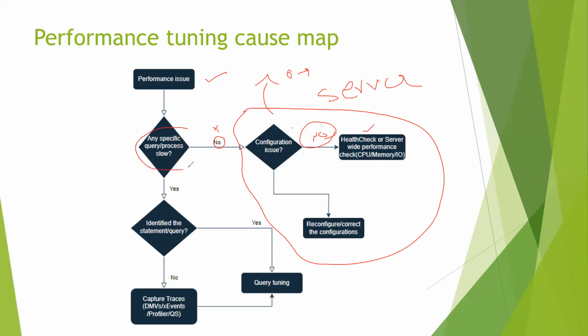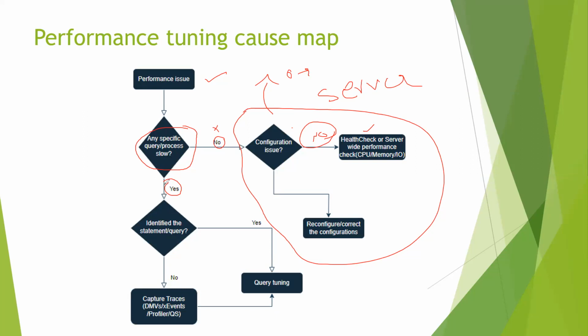So here, any specific query or process flow, right? Let's say it is a query performance. The process or query or job is slow. Then yes, it is a job-specific process that is slow. It can be a statement or a job, it can be anything specific, right?